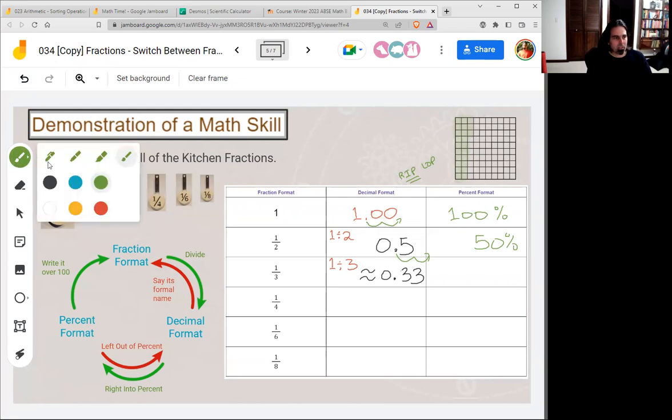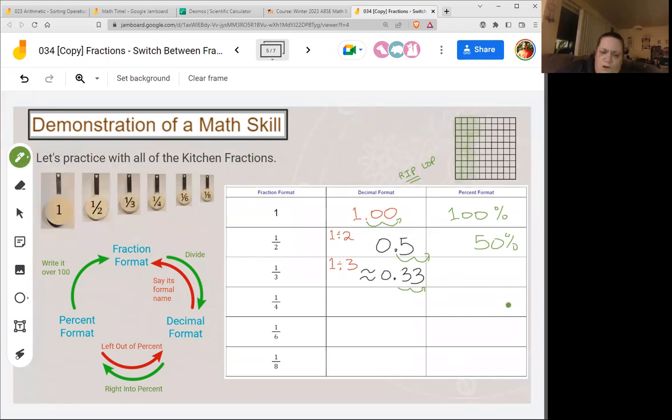So what percent is that going to be? Oh, I shaded wrong. Sorry. There is my 3/10 and 3 more. 33%.